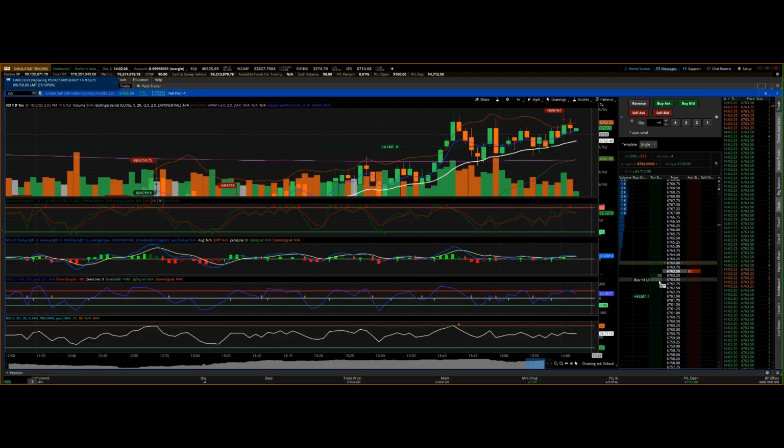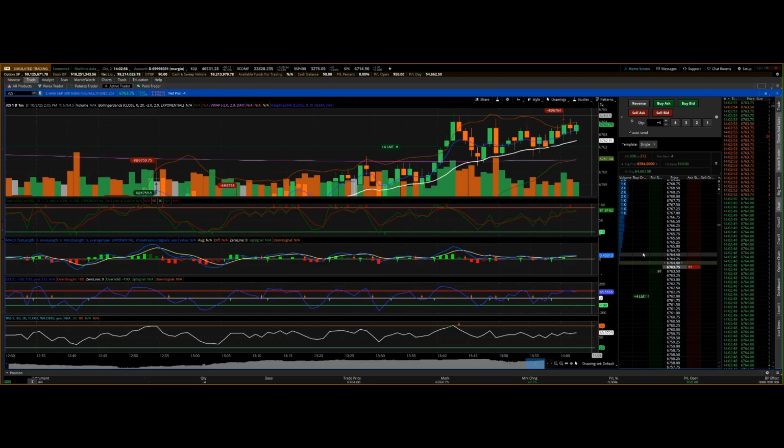The bid size was pretty high, so that means there's support at this level, and between this level and this level is one full point or 4 ticks. So between here and here, the potential profit is $200. But now the buyers are here.